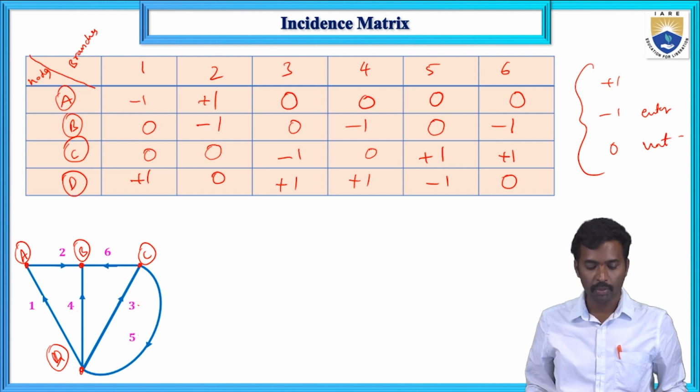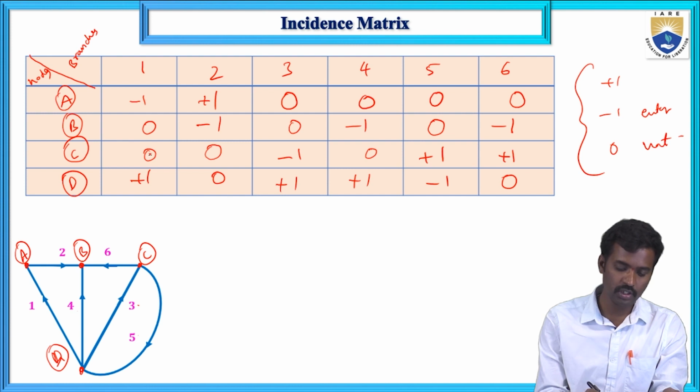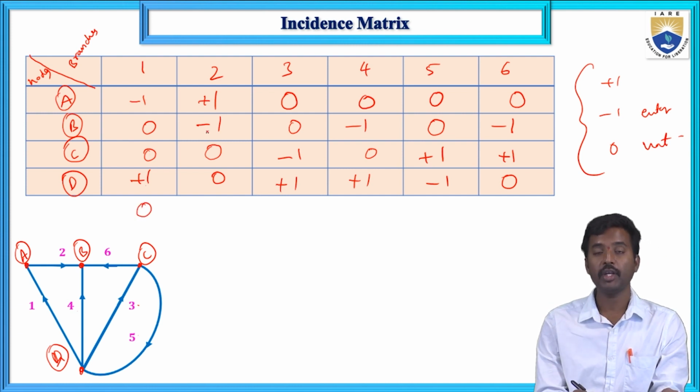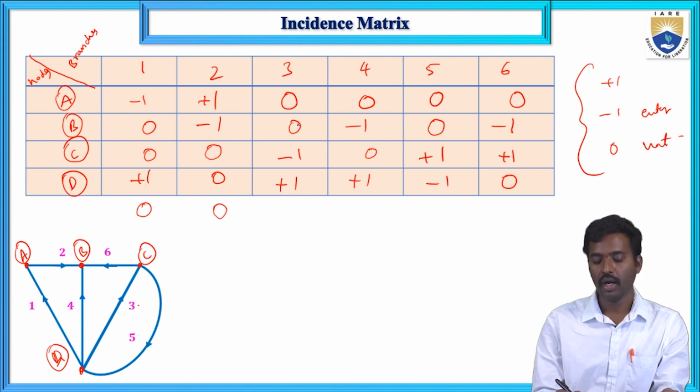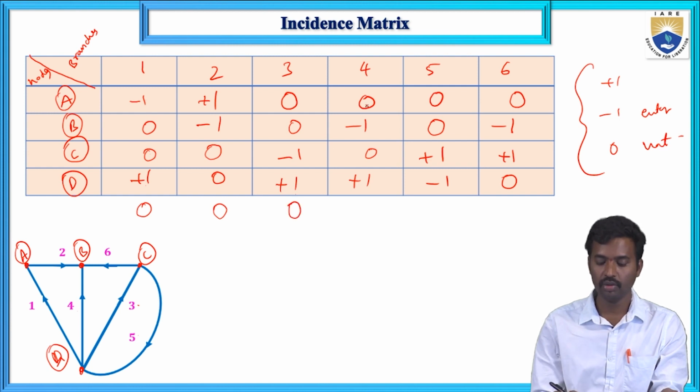Now check the property of the incident matrix. +1, +0, +0 and -1, this algebraic summation is 0, and +1, -1, 0 and 0 is 0, and 0, 0, -1 and +1 is 0, and 0, -1, 0, +1 is 0, and 0, 0, +1, -1 is 0, and 0, -1, +1, 0 is 0.